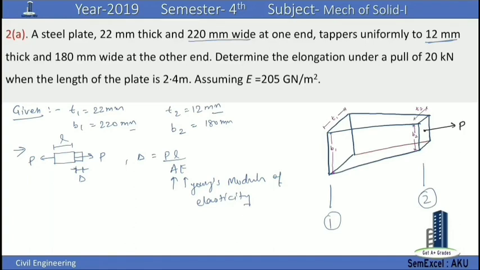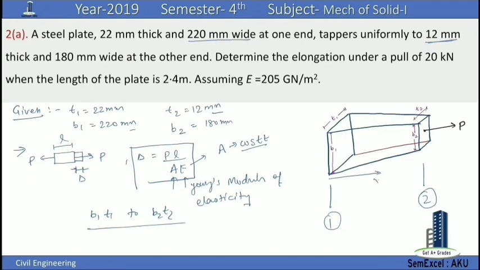This formula is applicable only when the area of cross section is constant throughout the length. But here area is not constant. Area is changing from B1 T1 to B2 T2. So for that we have to derive the result.